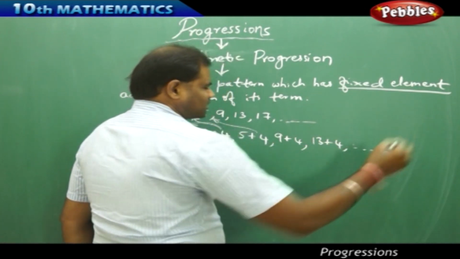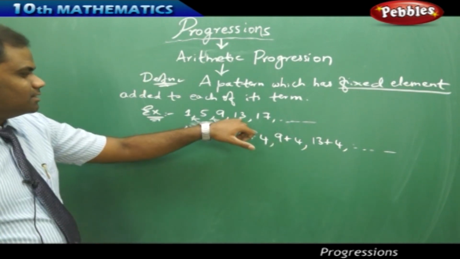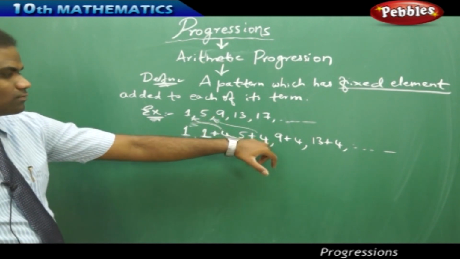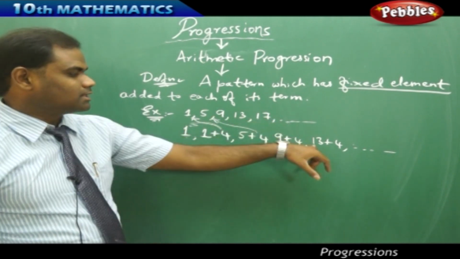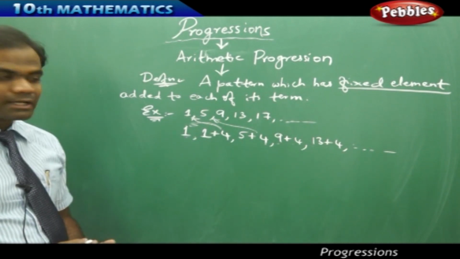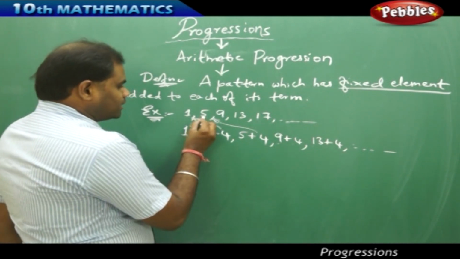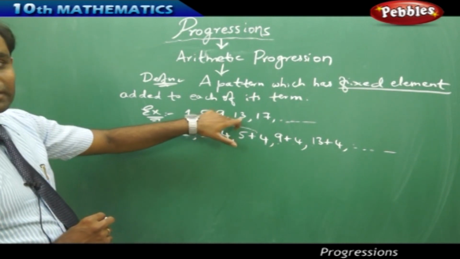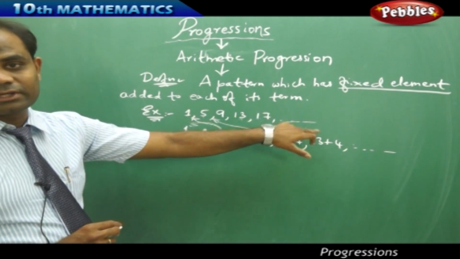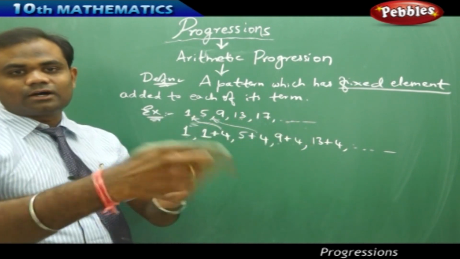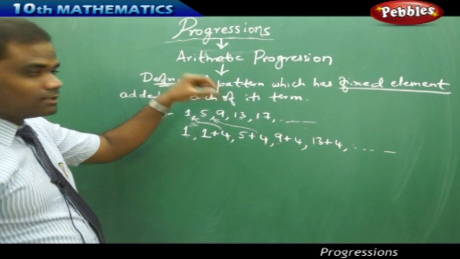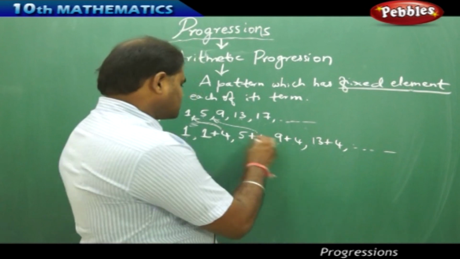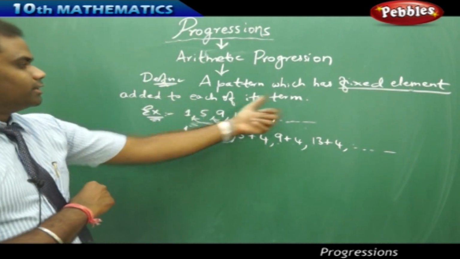17, etc. That means, as I see here, this is reduced to this form, where 5 is written as 1 plus 4, 9 is written as 5 plus 4, 13 as 9 plus 4, 17 as 13 plus 4, which makes me understand that every element is obtained by adding 4 to the previous term. 5 plus 4 gives 9, 9 plus 4 gives 13, 13 plus 4 gives 17, 17 plus 4 gives 21, 21 plus 4 gives 25, is how we get. Here, this strictly follows the definition that this is a pattern which has a fixed element, which is 4, added to each of its terms.